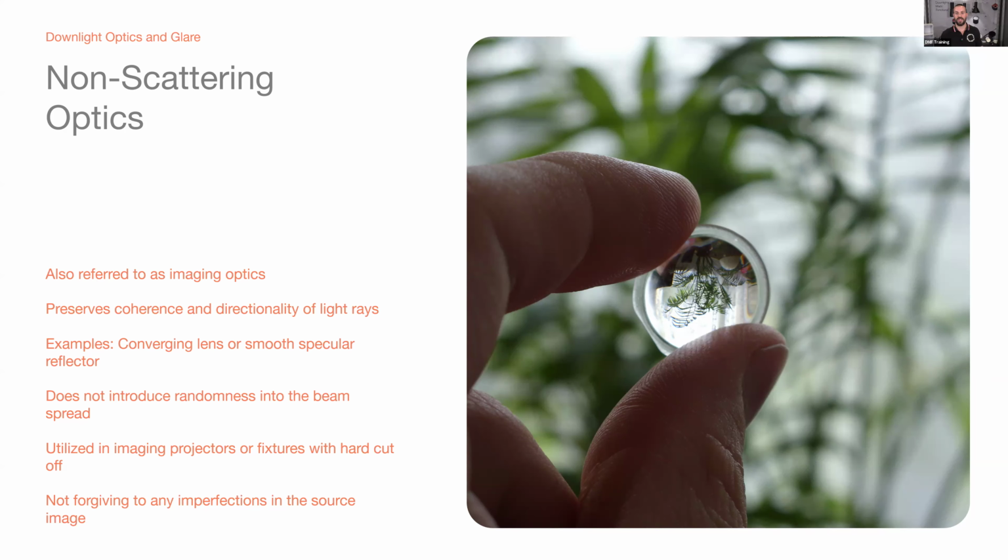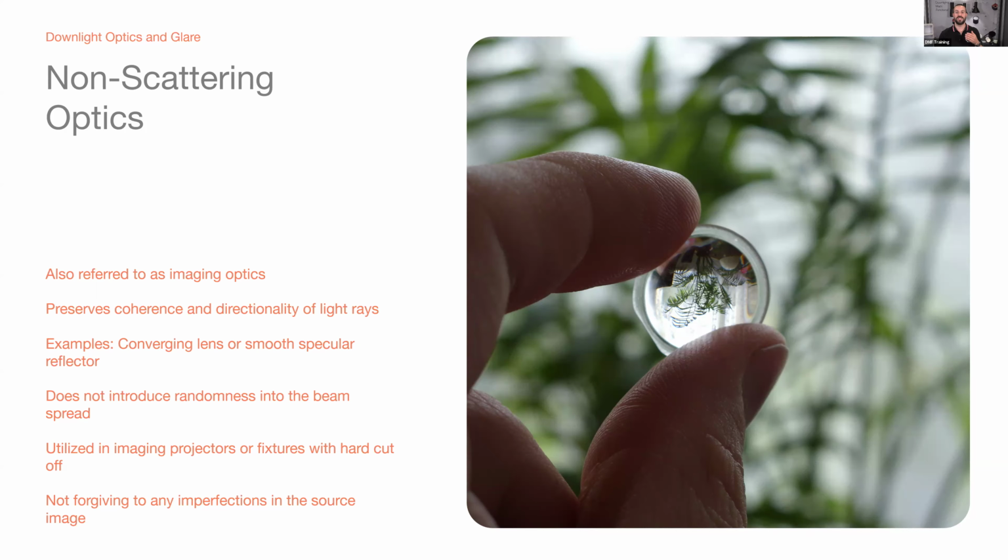The biggest thing about non-scattering optics is that they are completely unforgiving to any imperfections in the source image. So LEDs and manufacturing light sources in general is not a perfect science, as we all know. We deal with binning, we have slight imperfections, differences in light sources.